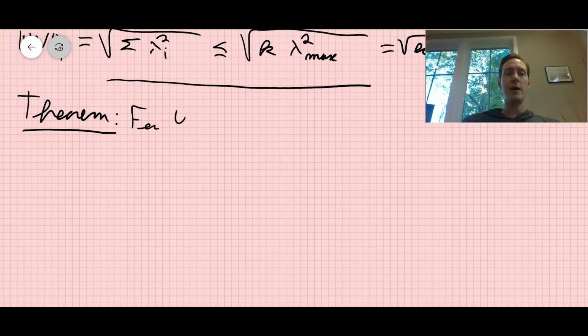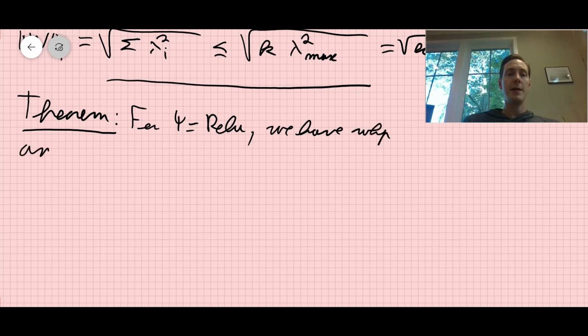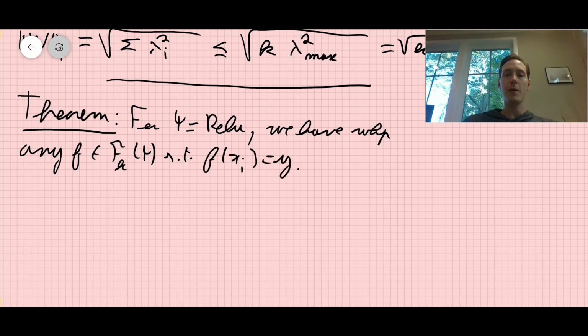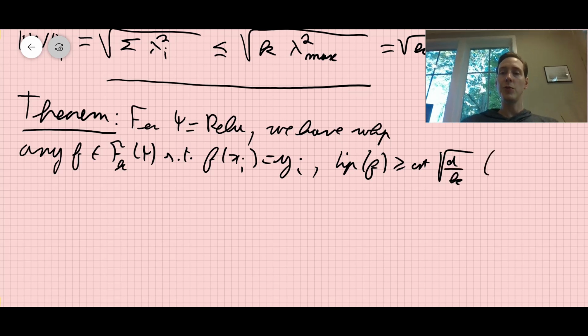So for psi equals ReLU, we have with high probability, for any f in F_k of psi such that it memorizes, f of x_i equals y_i, that the Lipschitz constant of f is larger than some small constant times square root d over k. And here we assume, which is the interesting case, that n is larger than d.